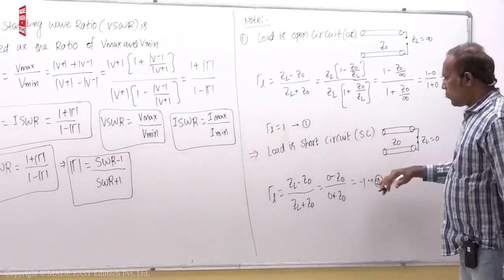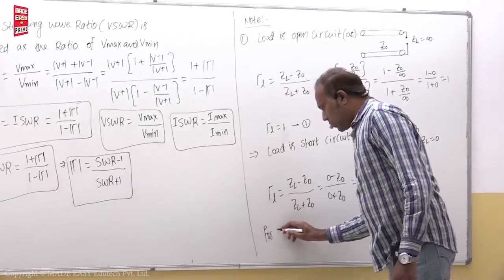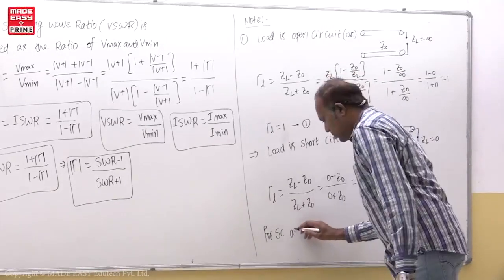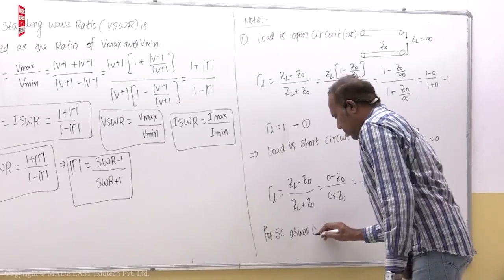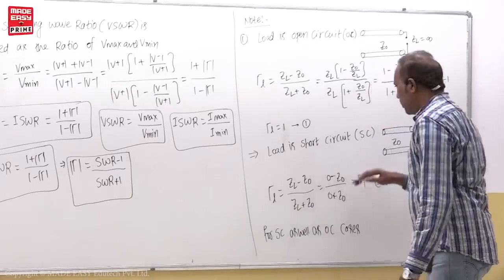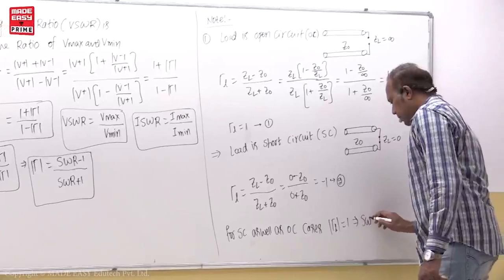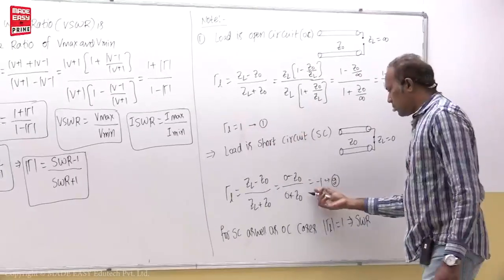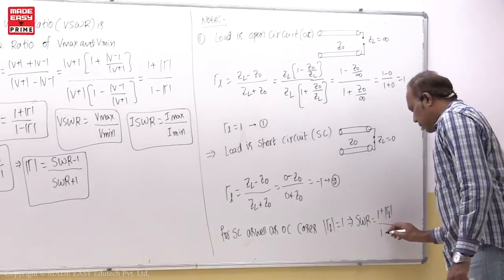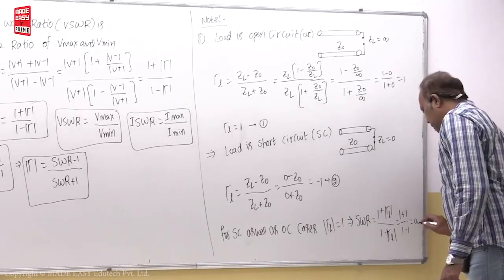From equations 1 and 2, for both the short circuit as well as the open circuit cases, mod gamma L is equal to 1. That implies here also mod gamma L is 1, here also mod gamma L is 1. So SWR is equal to (1 plus mod gamma L) divided by (1 minus mod gamma L), which is 1 plus 1 divided by 1 minus 1, equal to infinity.